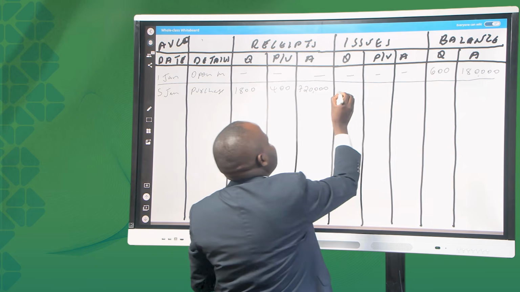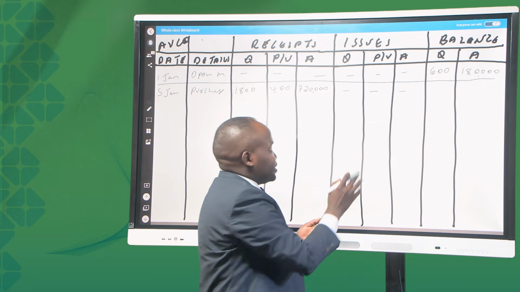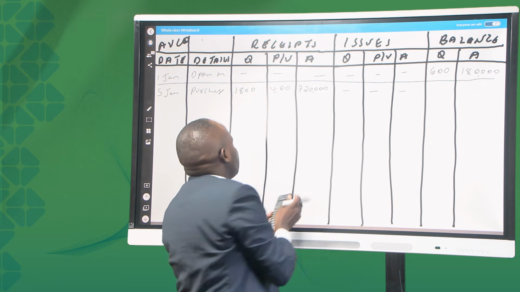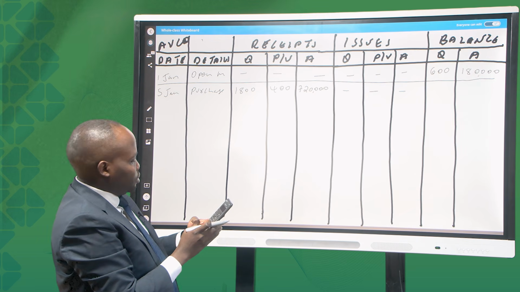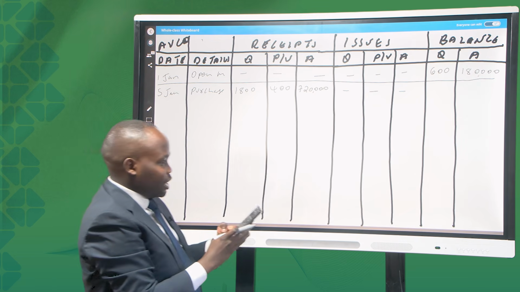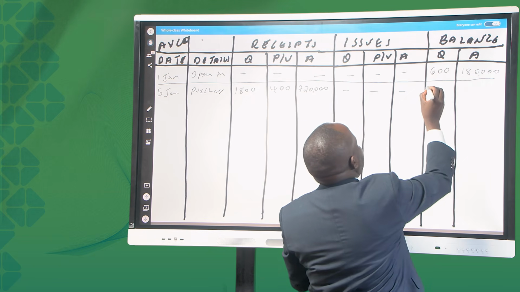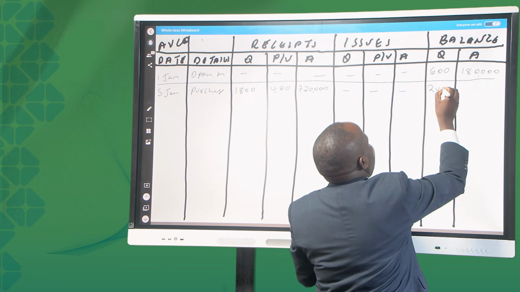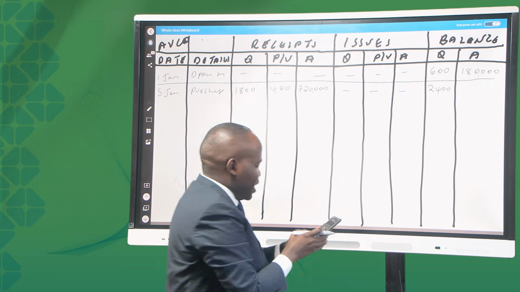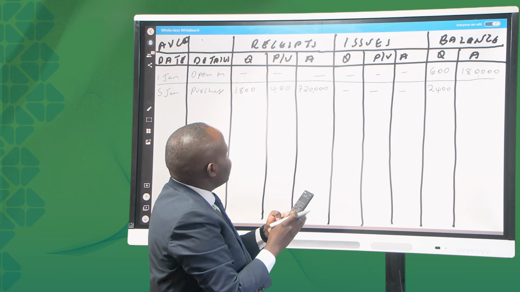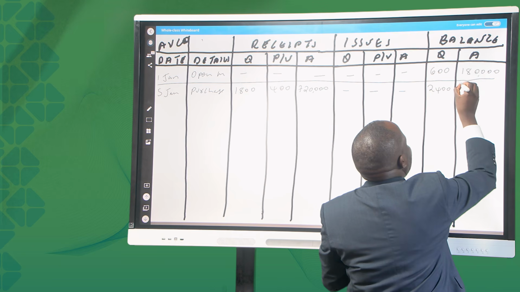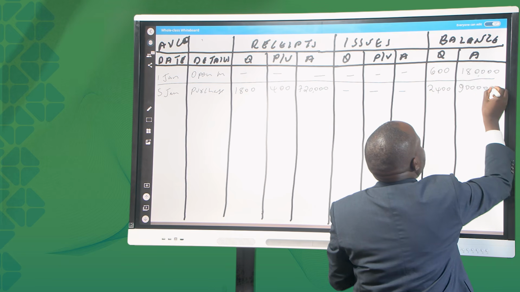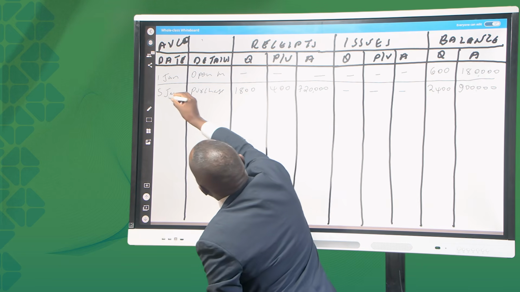Now, what is our balance? 600 plus 1,800 gives us 2,400. 180,000 plus 720,000 gives us 900,000.